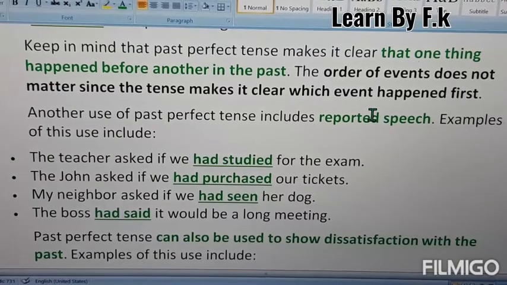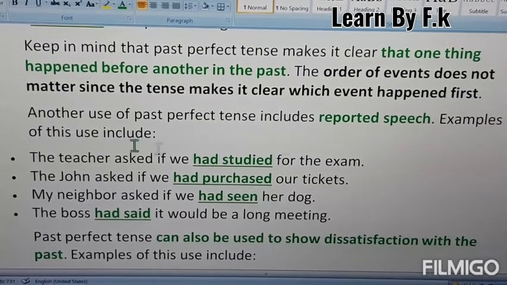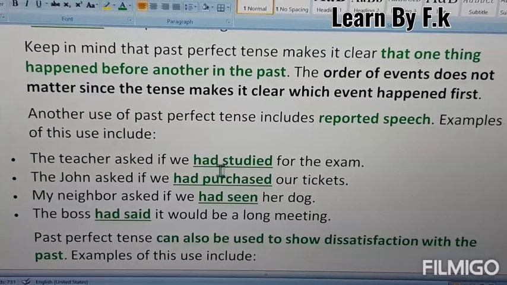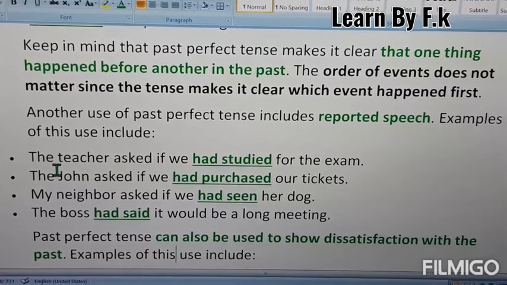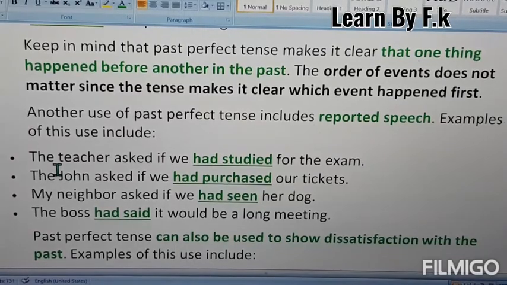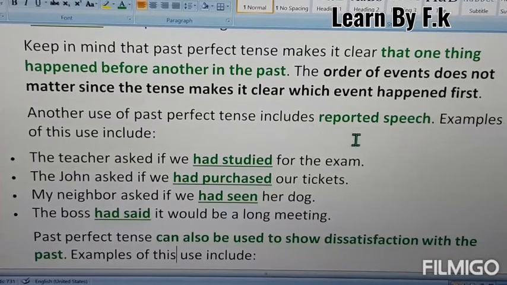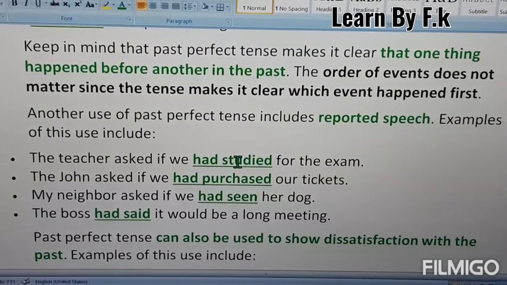It is not the actual words spoken by the person. Examples: number 1, the teacher asked if we had studied for the exam. Here you can see that we had studied for the exam is the past perfect used in reported speech.